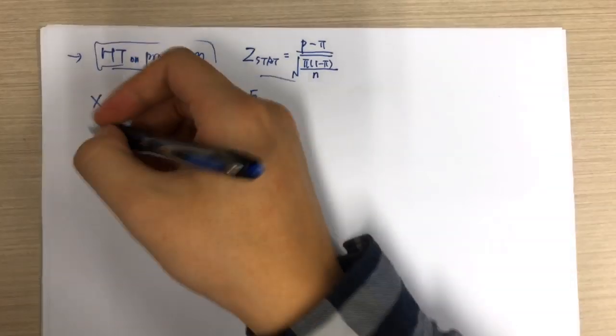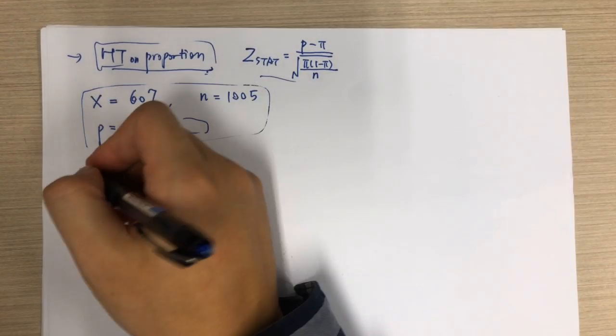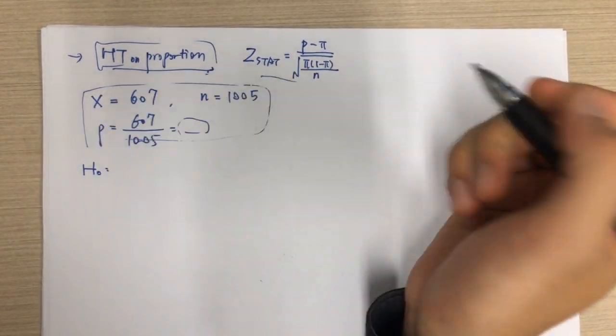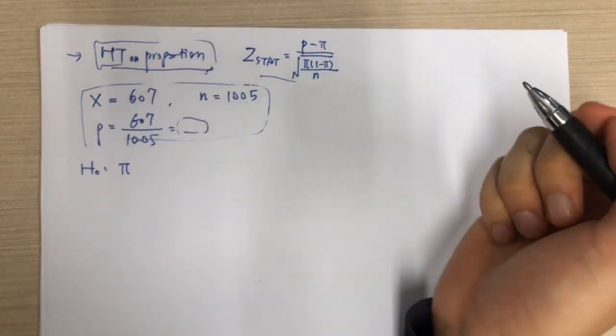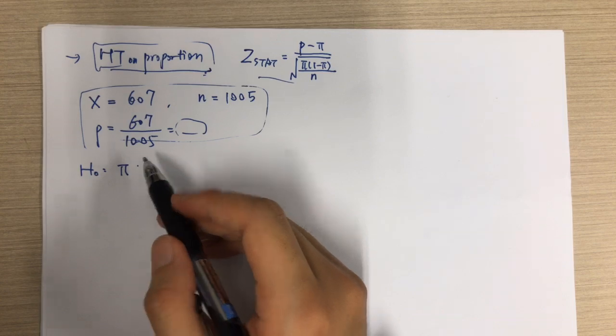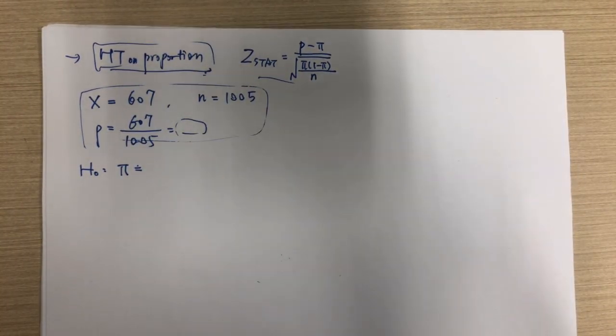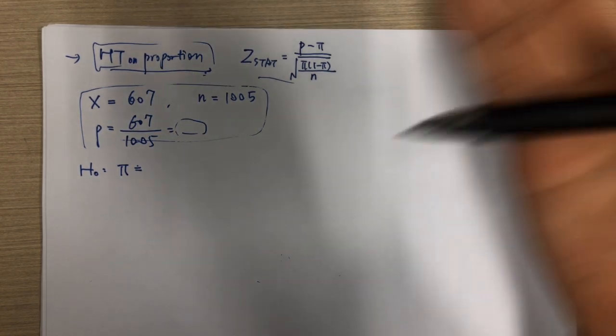So once you get a sample proportion, you can start testing on the hypothesis. So you need to specify the null hypothesis to be the population proportion. So pi is for the population proportion. The population proportion equals, let's say, it says evidence that more than 50%.